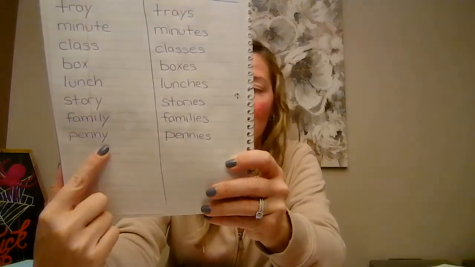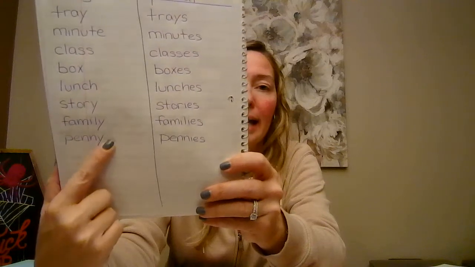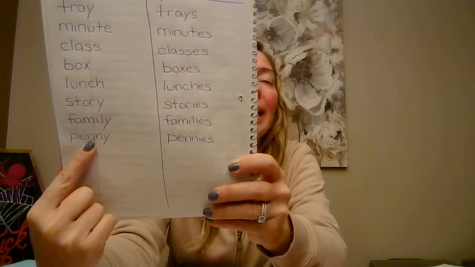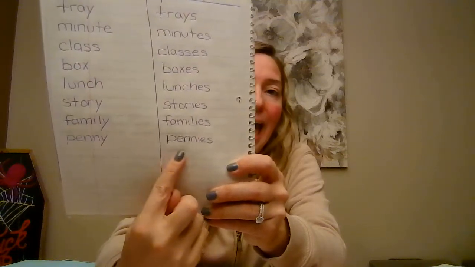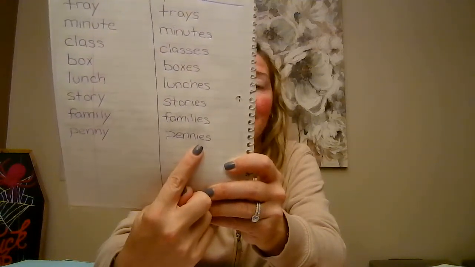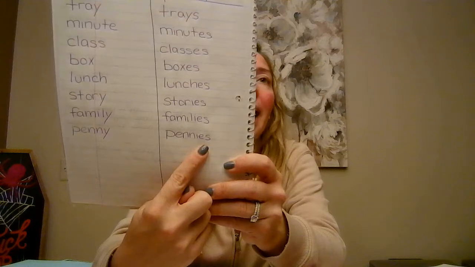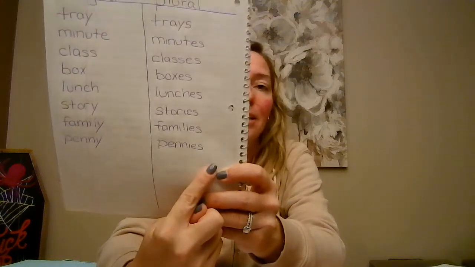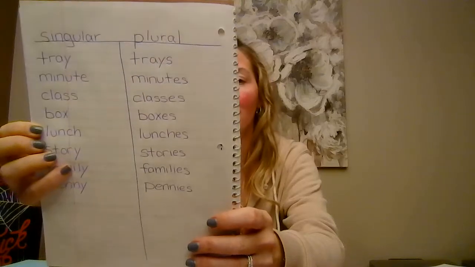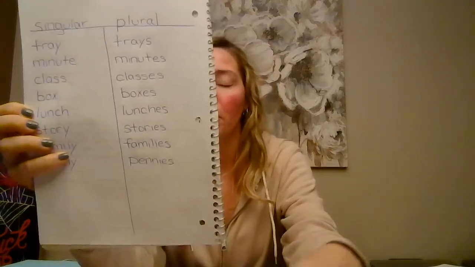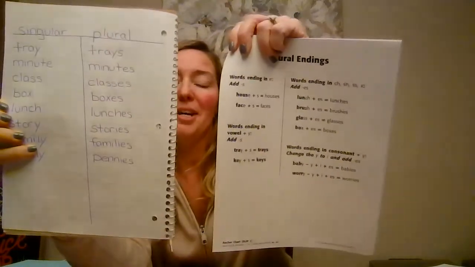Penny ends with a Y. In front of the Y is the N. N is a consonant. So we drop the Y, add the I, and then the ES. And now we have pennies as the plural. I hope you did well on this, boys and girls, and you were able to use your plural ending chart to help you.